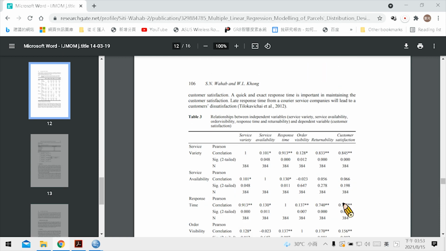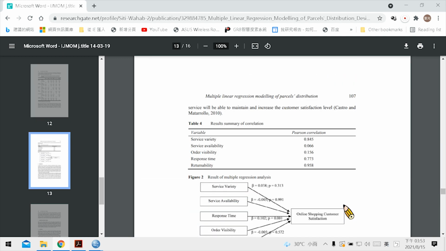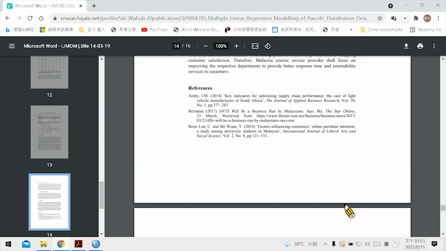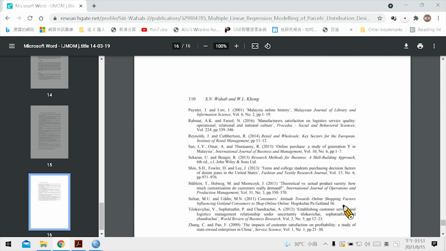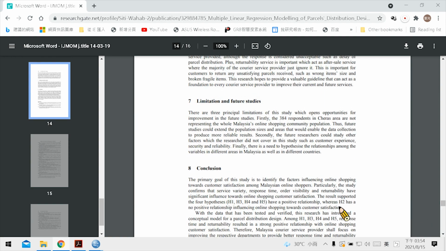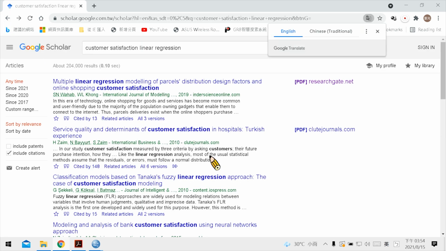It didn't show the multiple regression table. Okay, so no problem. When you write the paper, you need to put it, so maybe we try another paper.